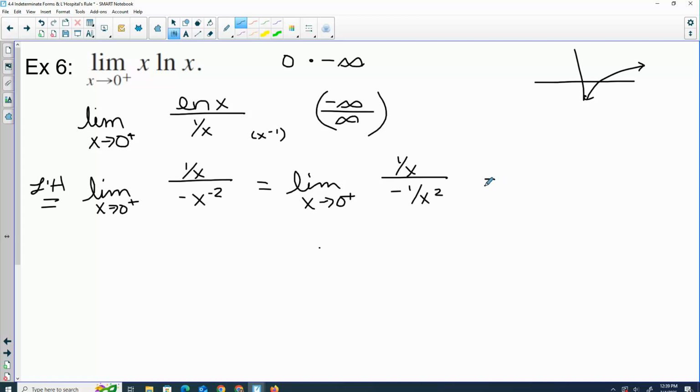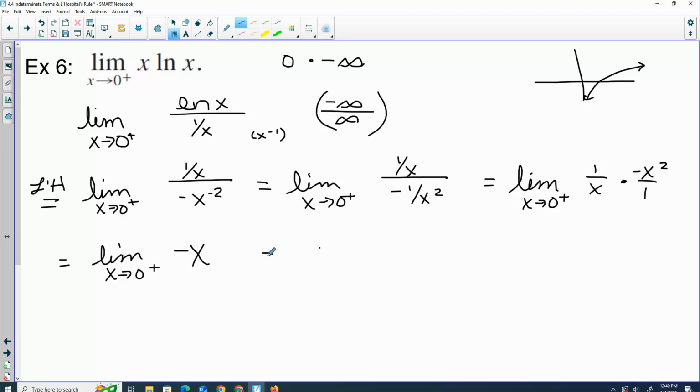How do you divide fractions? Flip and multiply. So that's 1 over x times negative x squared over 1. Negative x. Now, can you plug a 0 into that? Yeah, 0. So we get 0.